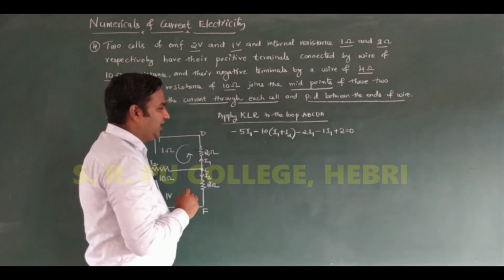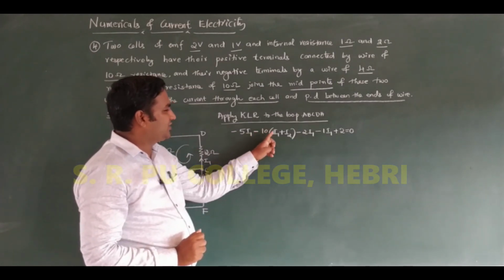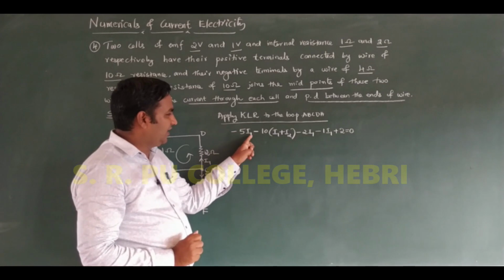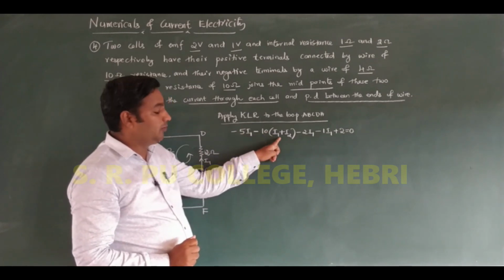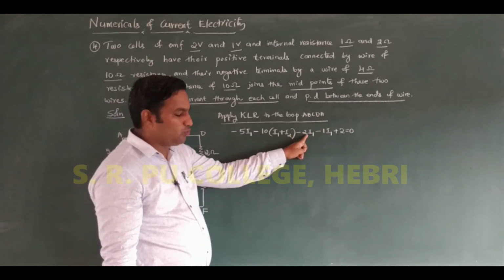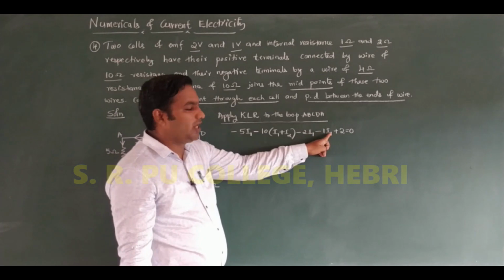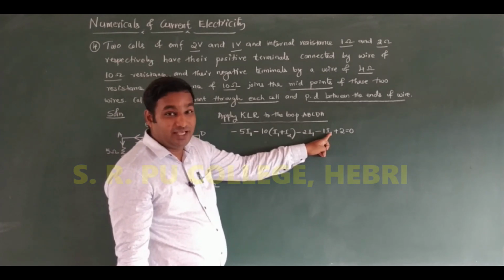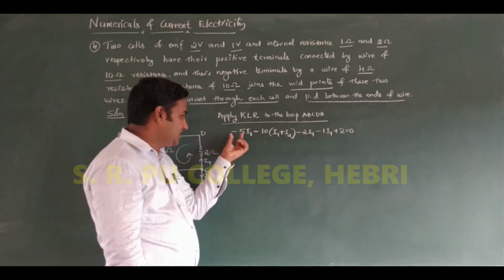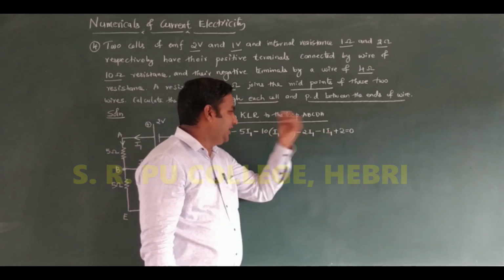After simplification, it becomes minus 5I1 minus 10I1. It becomes how much? Minus 15I1 minus 2I1 becomes minus 17I1, minus 1I1 becomes minus 18I1. See this: minus 5, minus 10, minus 2, minus 1.